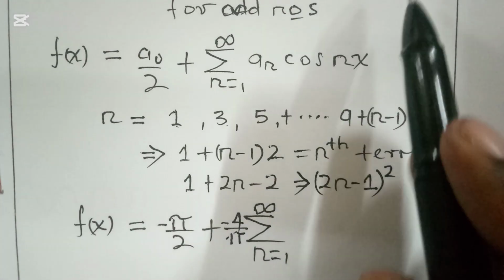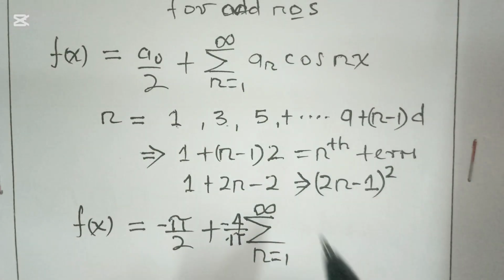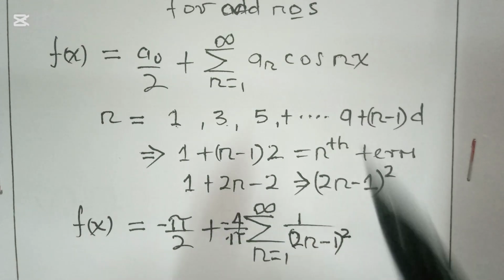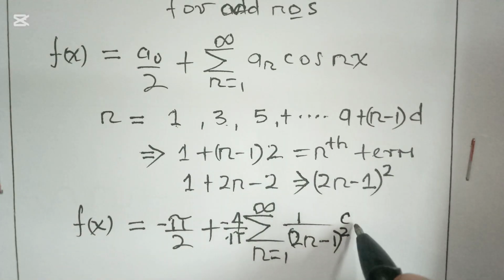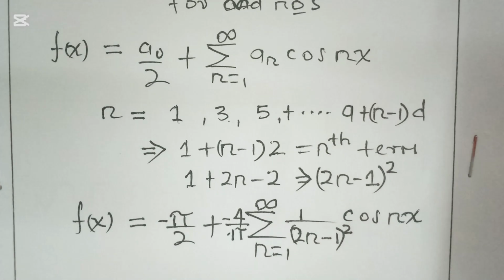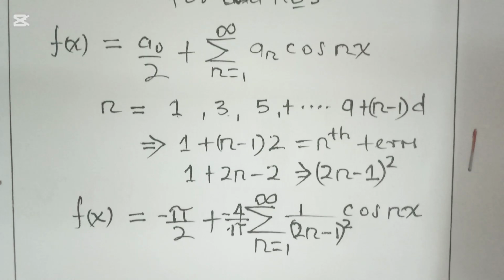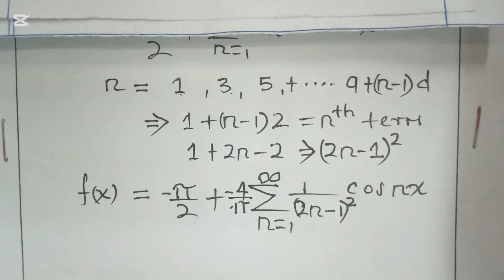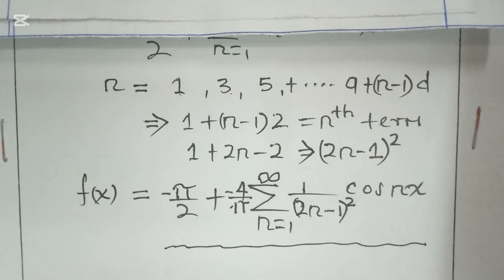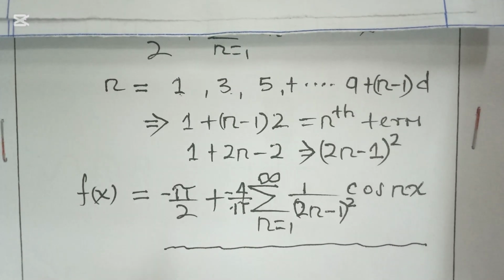But now my n, I will put this. So I have 1 all over 2n minus 1 squared, and I now put cos nx like that. After I have put it like that, this now represents the series.